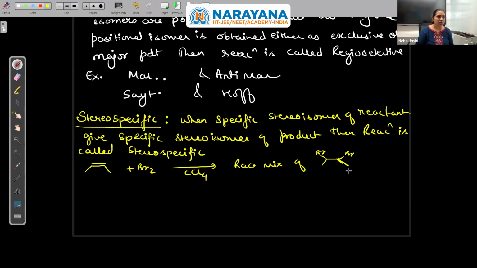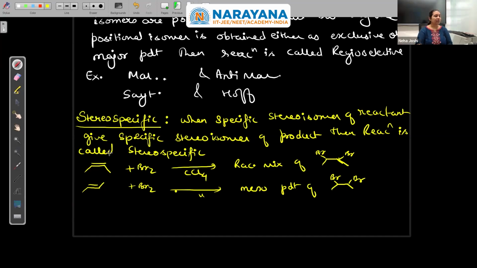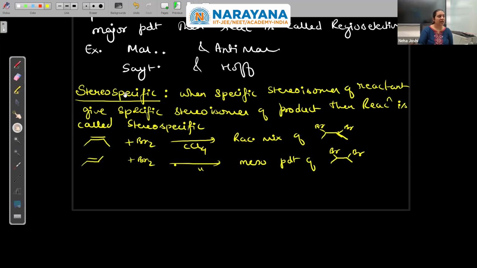If you have a trans alkene of the same thing, you will have a meso product. So I'm starting with a specific stereoisomer of reactant and ending with a specific stereo combination of product. Then it is stereospecific.